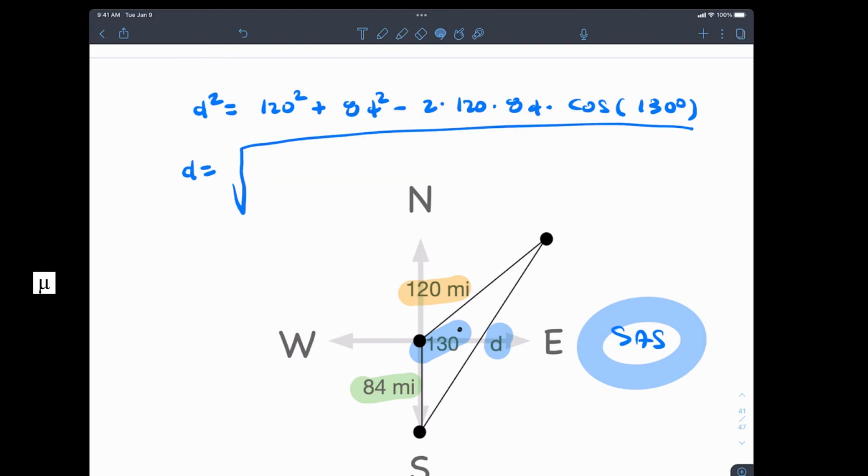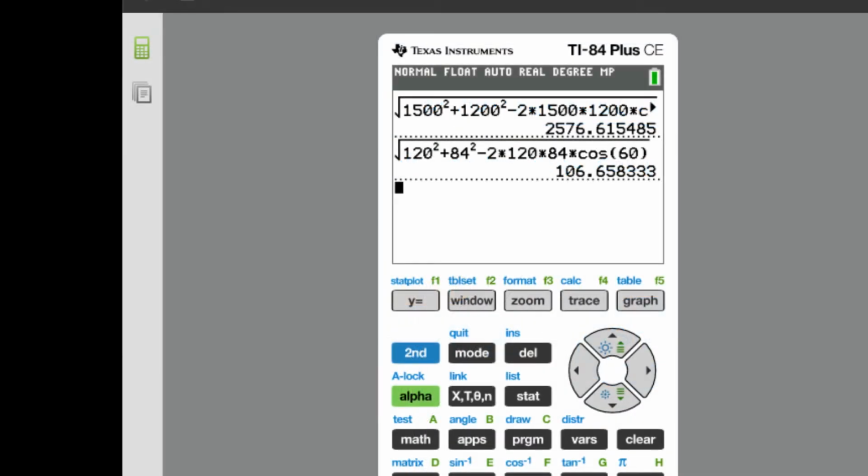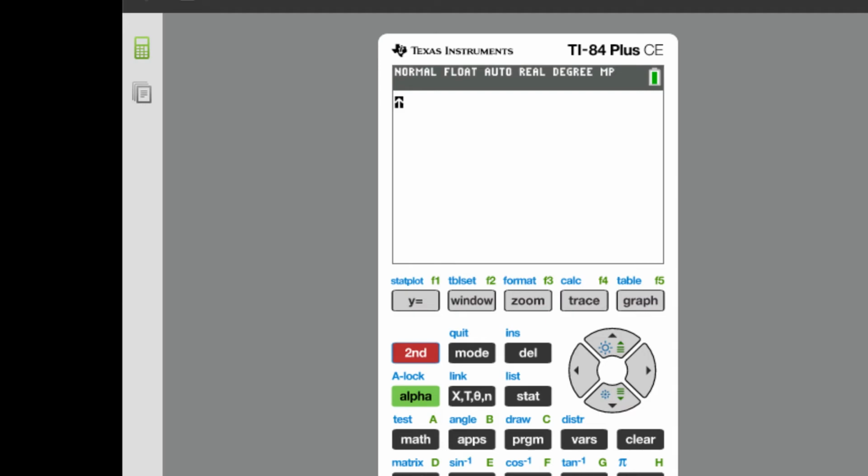Sorry, I think I got the wrong stuff. So what do you get here? 185.5, is that right?